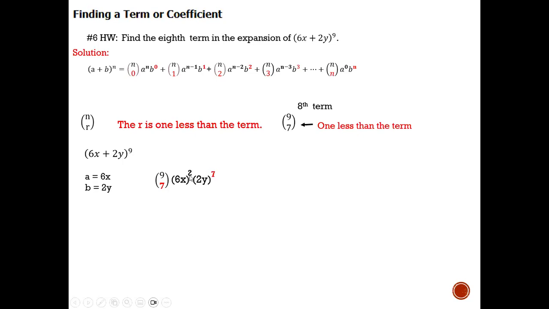So it has to be a 2. 7 plus 2 is 9. So simplifying here, I get 36. 6 squared is also 36 times x squared. 2y to the 7th, 2 to the 7th is 128. Y to the 7th, multiply everything all out. We get 165,888 times x squared, y to the 7th.